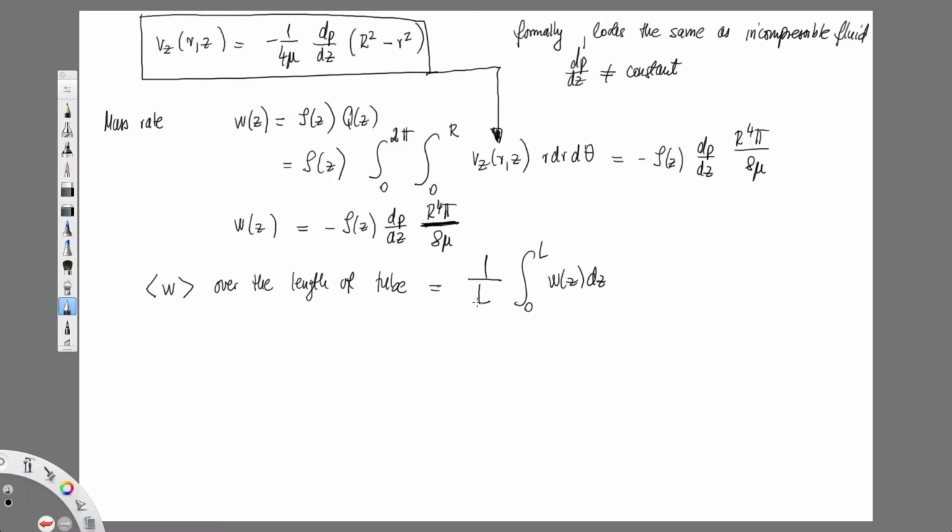So let's do that. What I have here to integrate, the part that depends on z, is this part. What am I going to use here? Equation of state for it. So I'm still going to assume an ideal fluid.